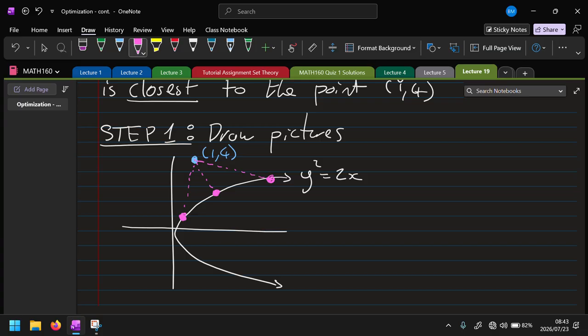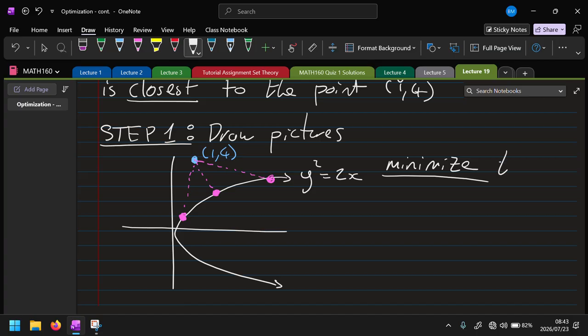What we want to do is find the specific pink dot that is the closest to the blue dot. In other words, if you want to write this as an optimization problem, we want to find the pink dot that minimizes the distance. That's what it means to be closest. So here we can rephrase this as minimize. We want to maximize or minimize, right?